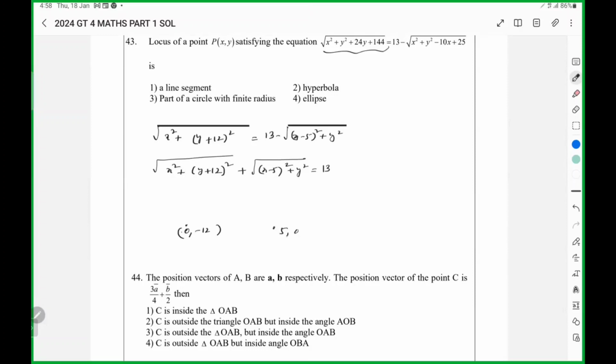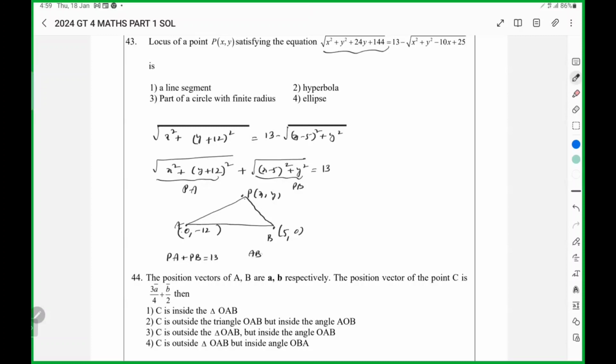There is a point 5 comma 0. P(x, y) is a point. This represents PA. So here it is PB, which this represents PB. So PA plus PB is 13.